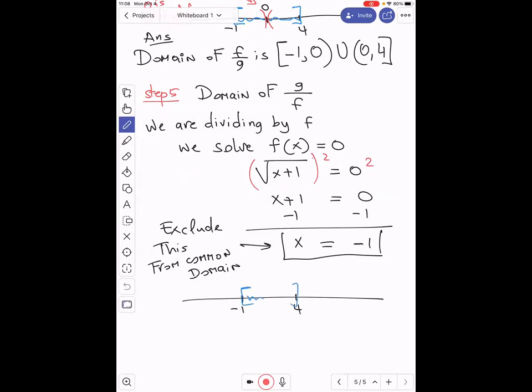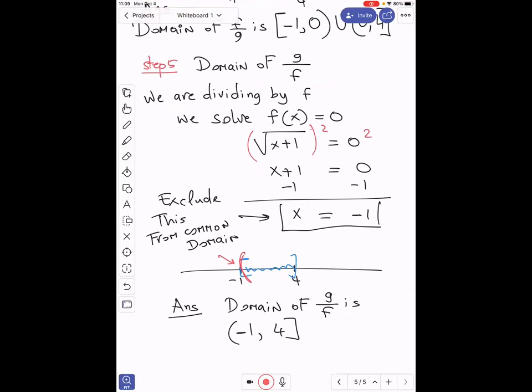What we are saying is that we need to exclude the negative 1, so I'm going to put parentheses at negative 1, because it's excluded. So the answer, the domain of g over f, is negative 1 excluded, and then 4 included.